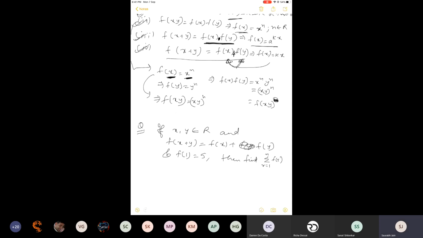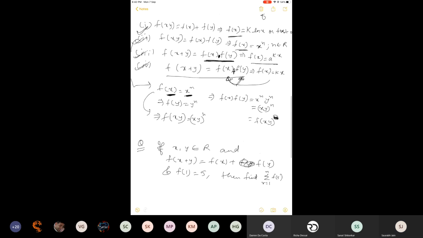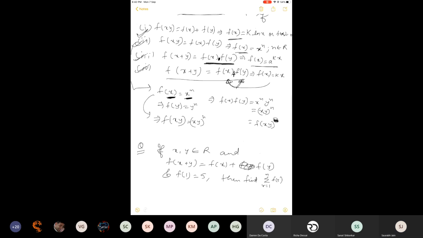Yes, so which result will be used? Yes, anyone?